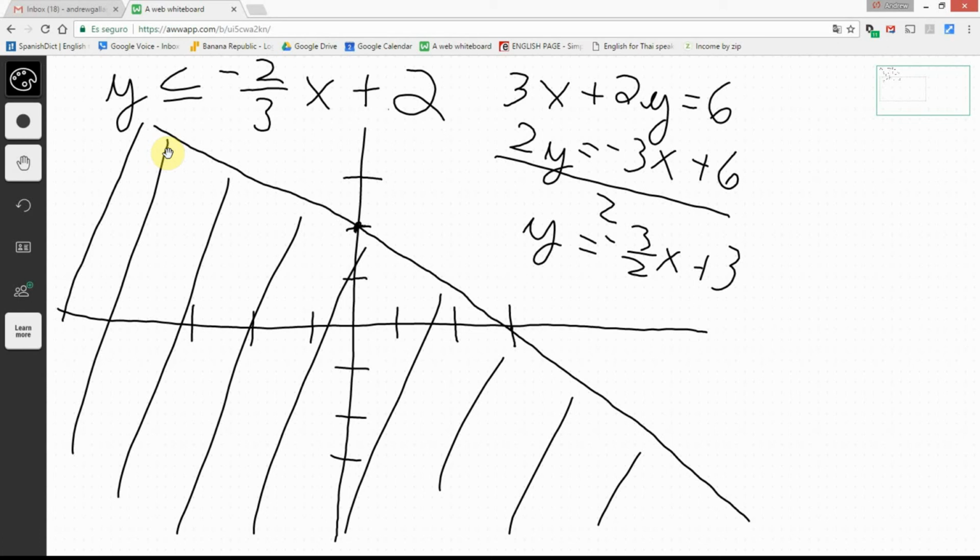Again, this workspace is getting quite crowded. I realize that. I will erase the board. So to graph the line that I just drew, negative 3/2 x, this one goes down 3 and over 2. So this line looks something like that.